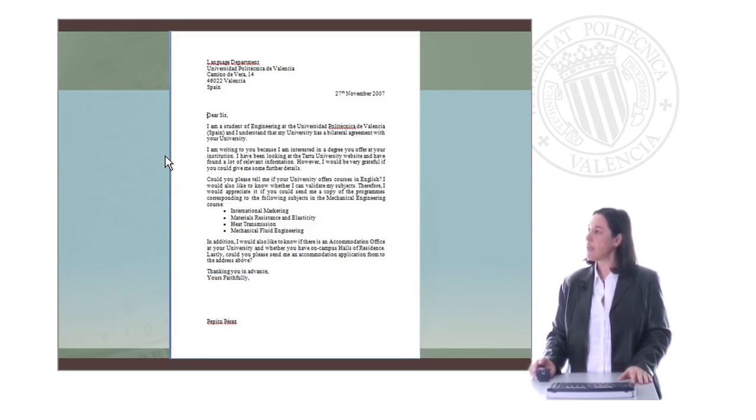This would be the general layout of the letter, set out in paragraphs, and then at the bottom, your name and signature.